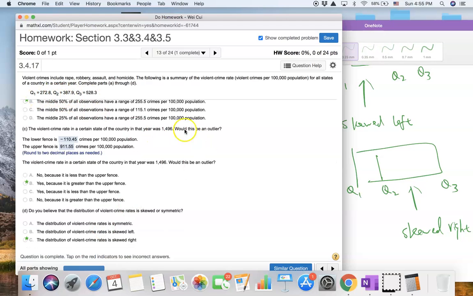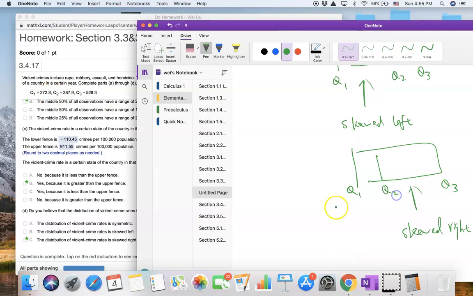So if we calculate the difference, the difference between the median and the first quartile is 387.9 minus 272.8.